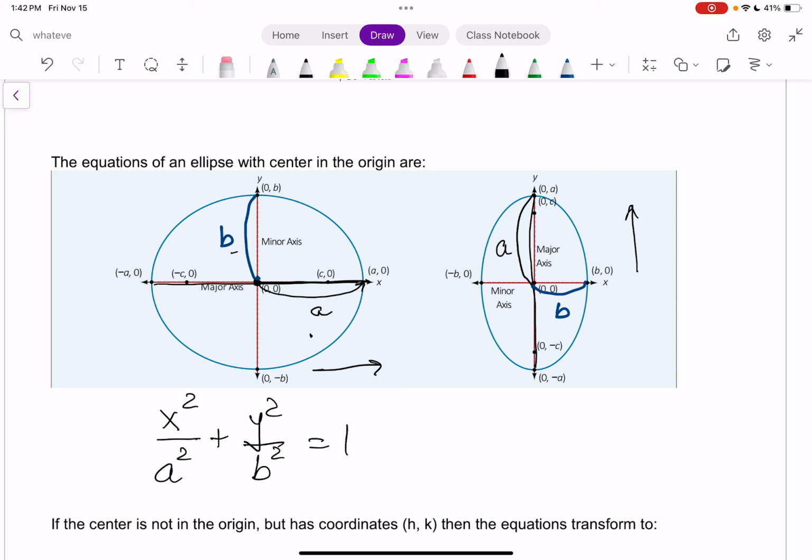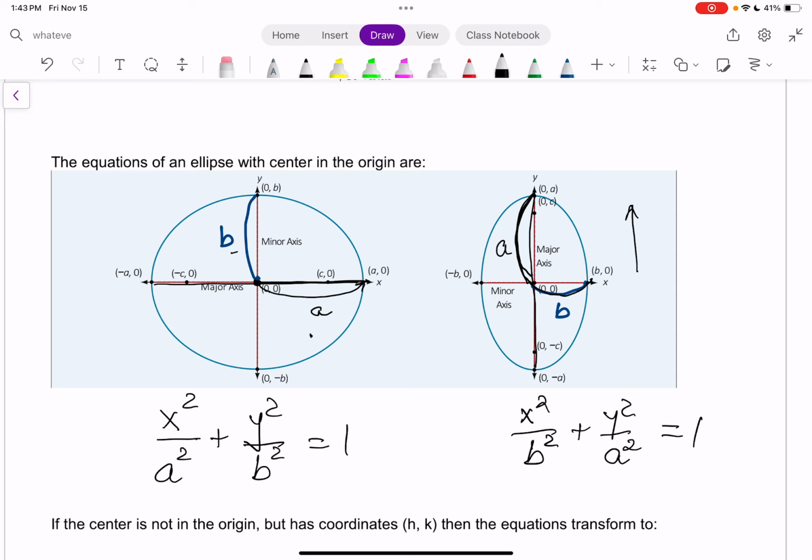The distance in the y direction is going to go under y. So as I said, sometimes this longer side could be in the y direction, as in this picture. So then the a squared goes under y. And then the b squared will go under x because that's what goes in an x direction.